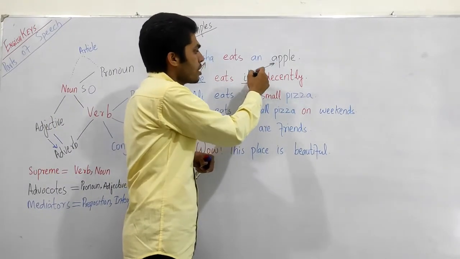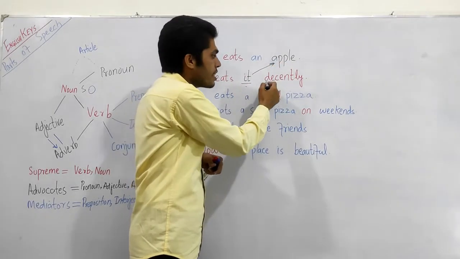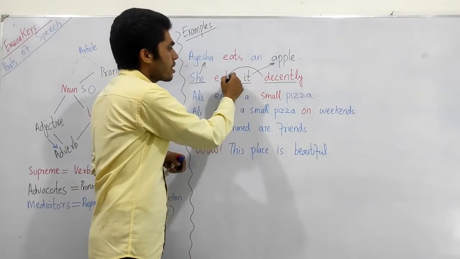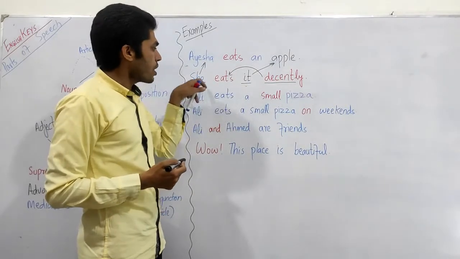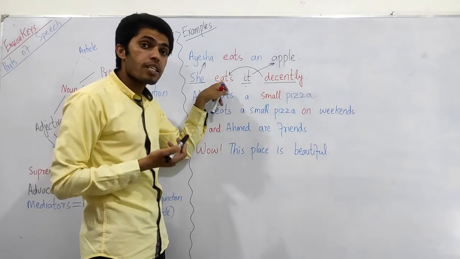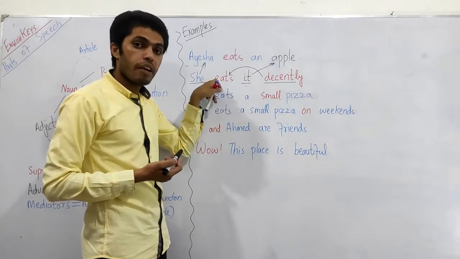This 'it' is coming at the place of apple, that's why it is also a pronoun. Decently, now this is the manner of eating. This 'decently' is directly related to eats. It is not the quality of Aisha, but the quality of the action she is performing, right? That's why we will call it an adverb.